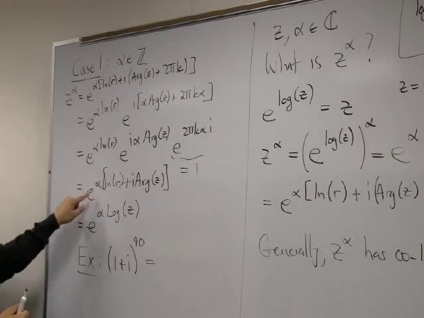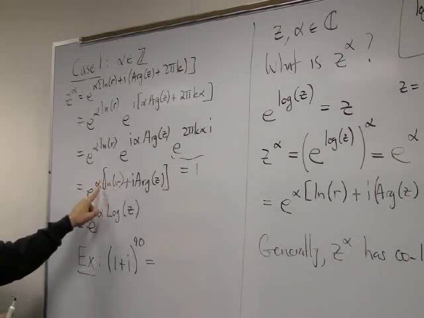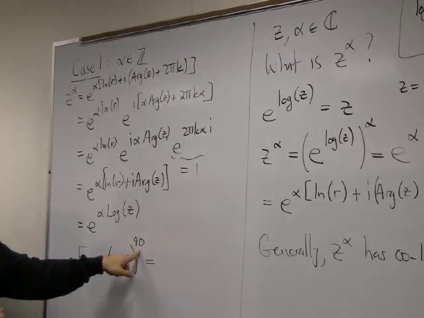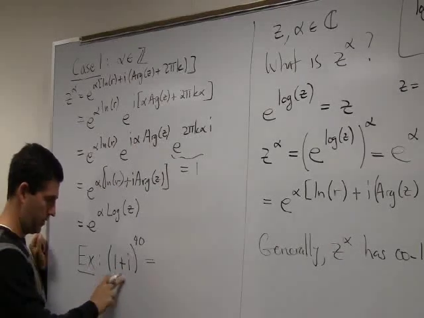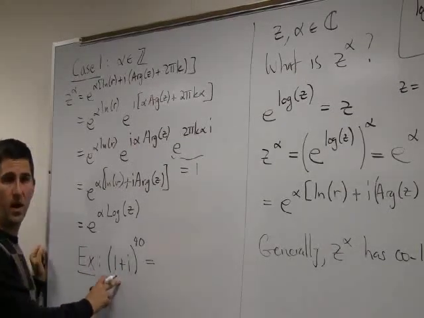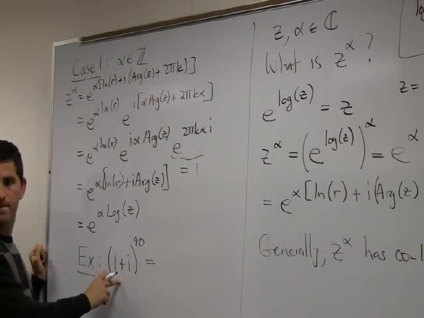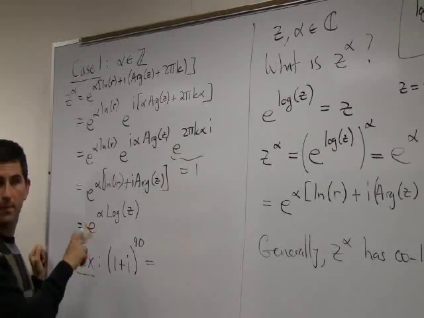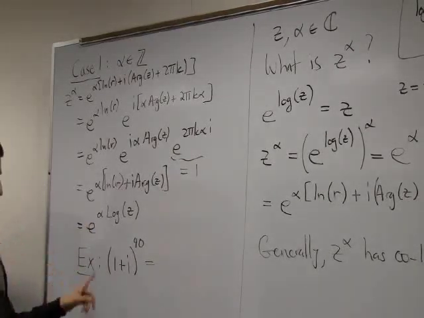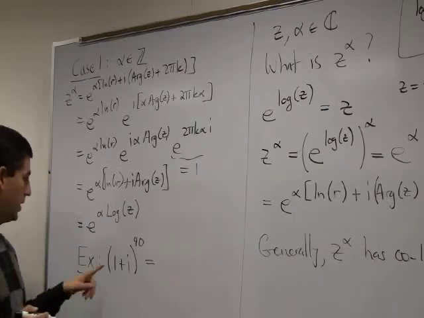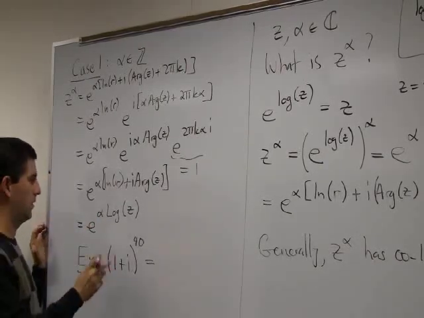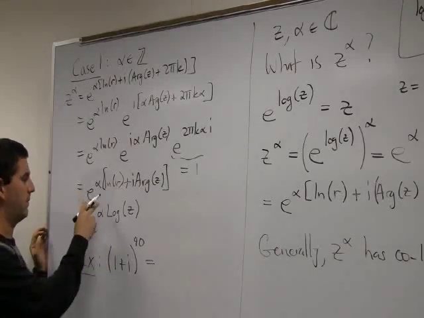Okay, so first you have the e to the alpha ln of r. So the alpha is 40. And the ln of r, well, we need the r here, so what's my modulus for 1 plus i? Square root of 2, right? It's 1 squared plus 1 squared, square rooted, so square root of 2. And then you have to multiply here by 40, right?